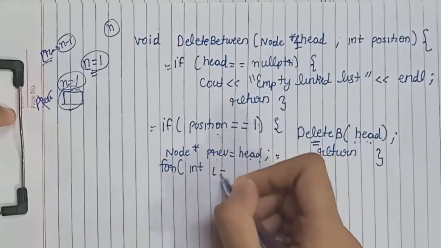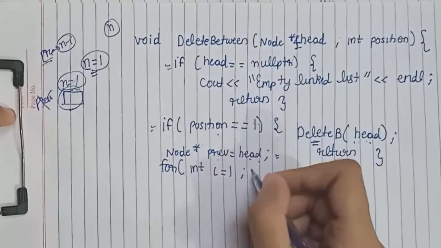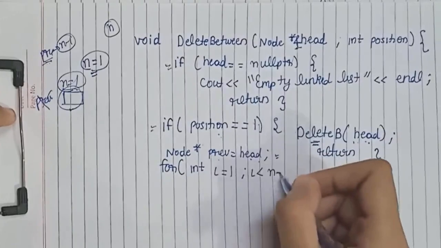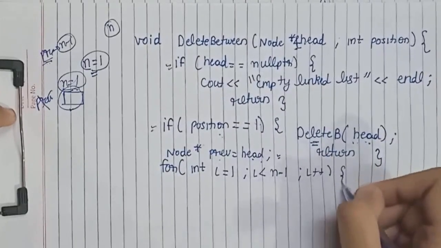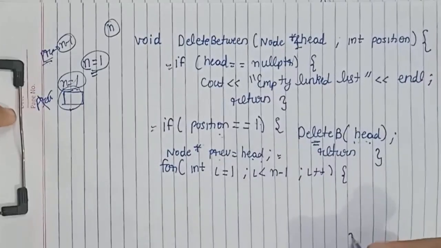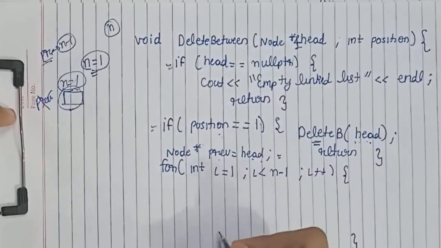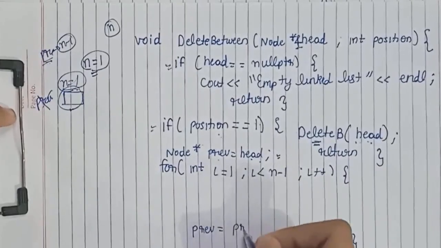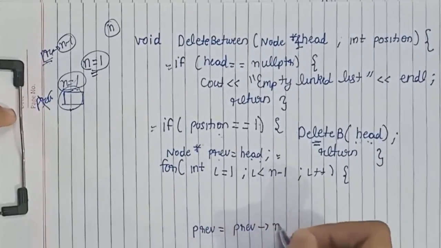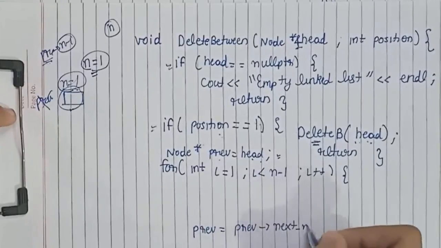So now the loop is for int i equal to 1, until i is less than n minus 1, i plus plus. We need to make previous a step forward.